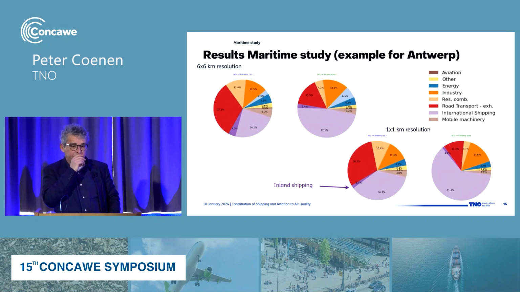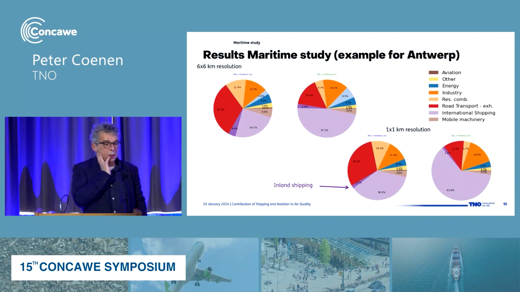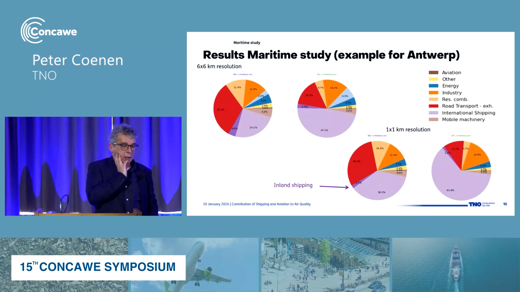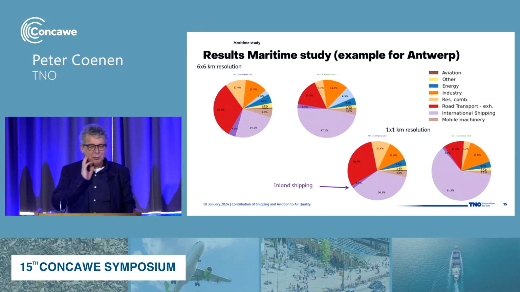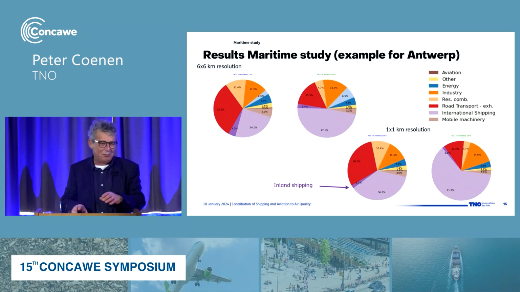Here on the left side, the 6x6 resolution, you see the contribution of the different source sectors to the NO2 concentration on the left for Antwerp city, and on the right, the Antwerp port.